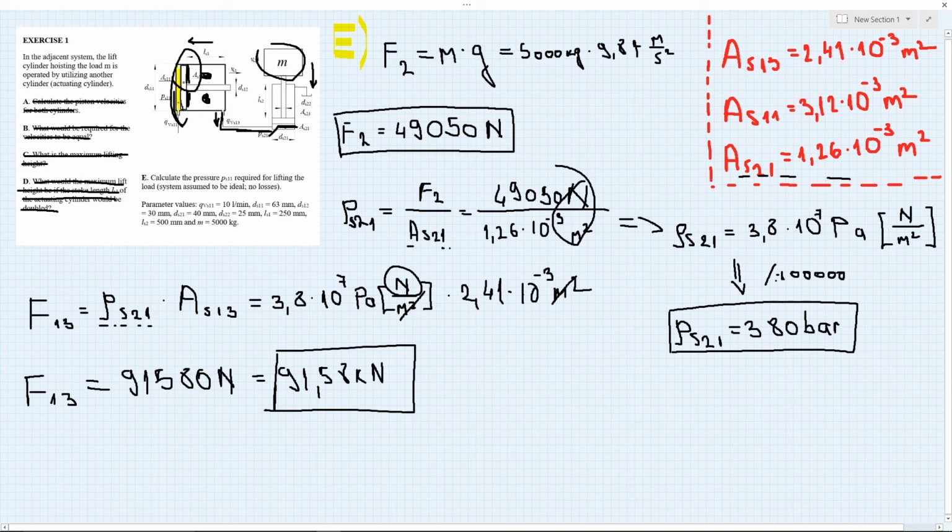So our pressure here has to produce a force that is equal to or bigger than this, so we can lift this weight up. So F12 has to be equal to F13, and F13 is equal to the pressure PS12 times the piston area AS11.